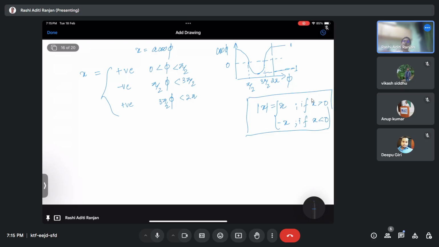So in that case, my f, which is nothing but x into mod of x, how is it going to vary?